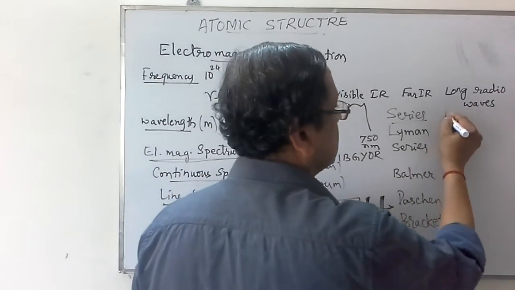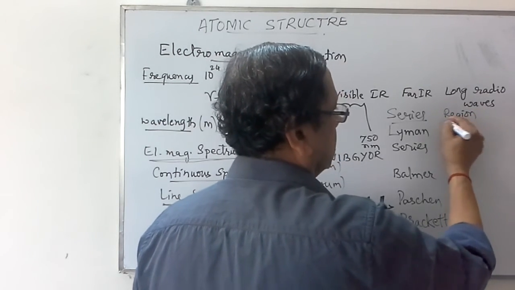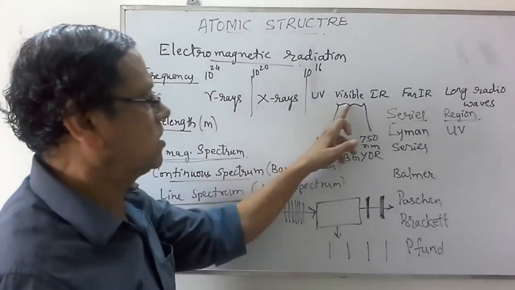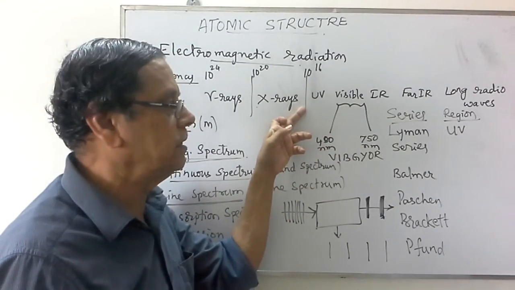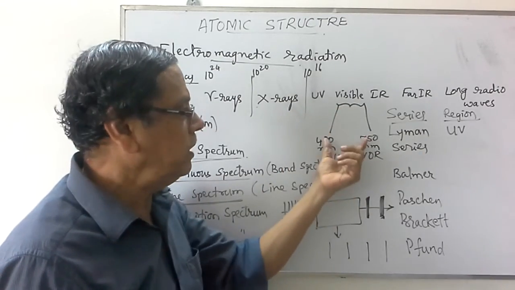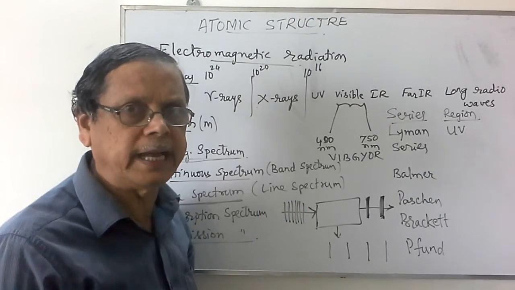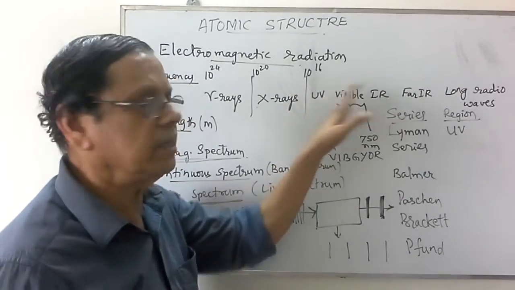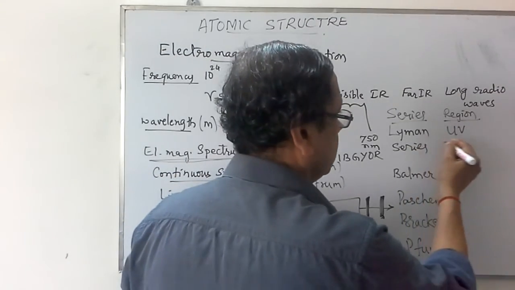This Lyman series is observed in the UV region. That is just before the visible region, we have the ultraviolet region. Only the visible region can be observed with the human naked eye. But to analyze all these, we have to use instruments, spectroscopes.